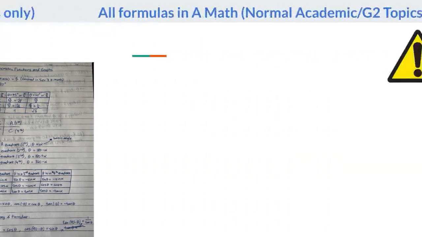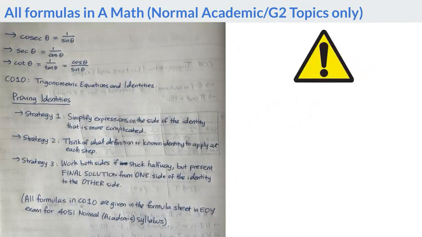You must be able to memorize chapter 9 well, such that you can move on to chapter 10, because chapter 10 is very advanced trigo. The only thing I'm going to cover about chapter 10, on trigonometric equations and identities, is how to prove the identity.